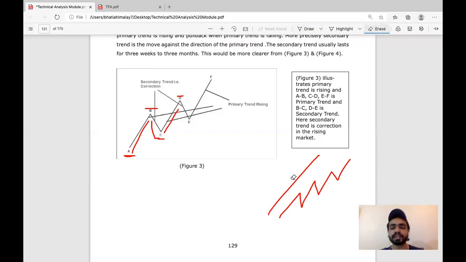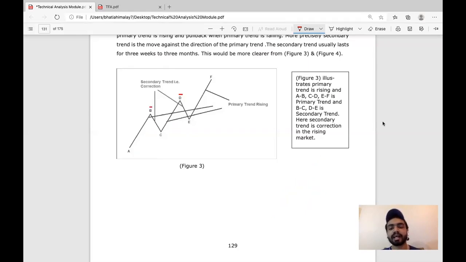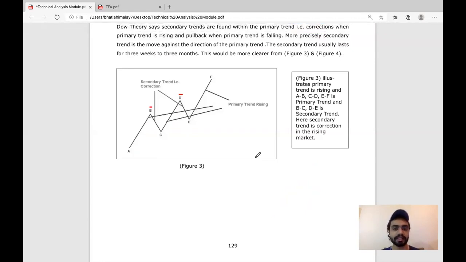Now, this was the human psychology behind the market. Let's talk about a few market terms over here. So the points D and B, which are the highs in this case, are also known as the correction points in the market. Why do we call these the correction points? Because from here, the prices are correcting or falling down.